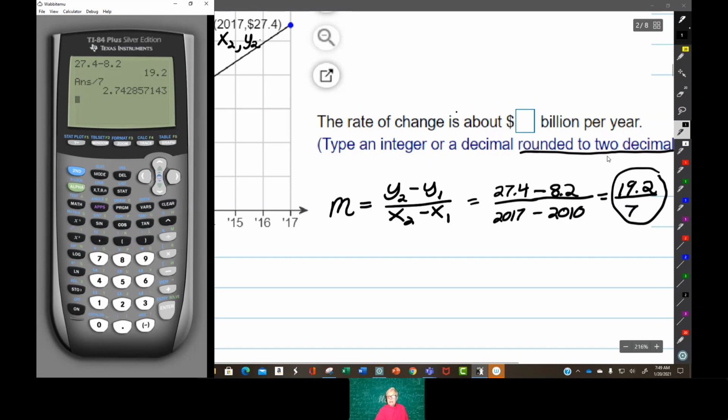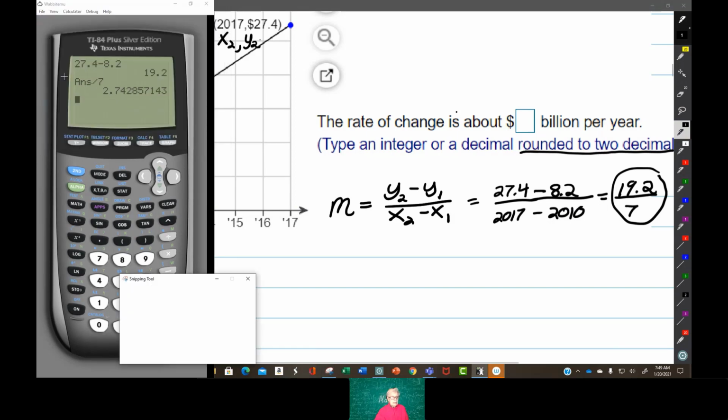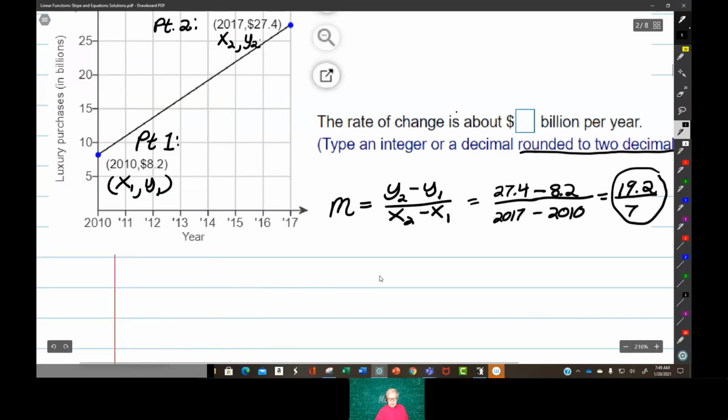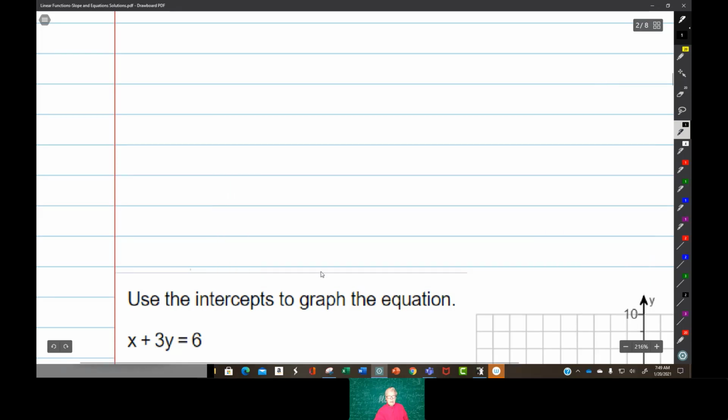Okay, now we're rounding to 2 decimal places. Put the whole thing in there.